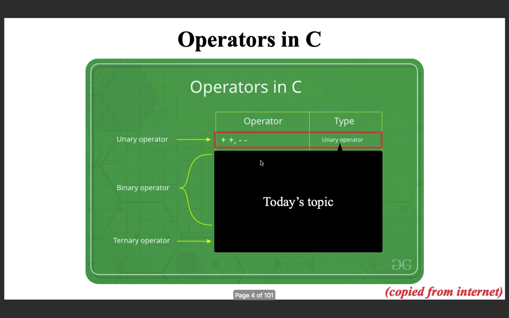And today the topic is unary increment operators, and also we will look at two other unary operators if we get time. So what are unary operators? Unary means the operator is working on a single data.